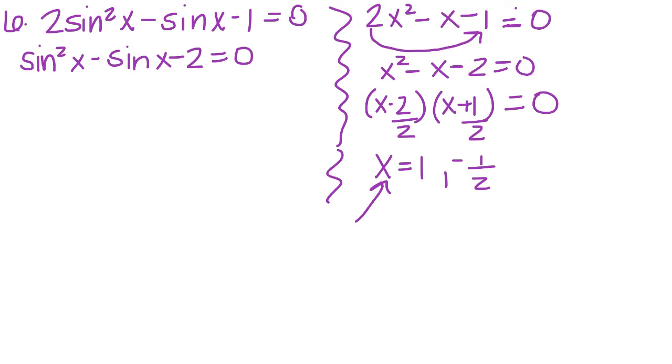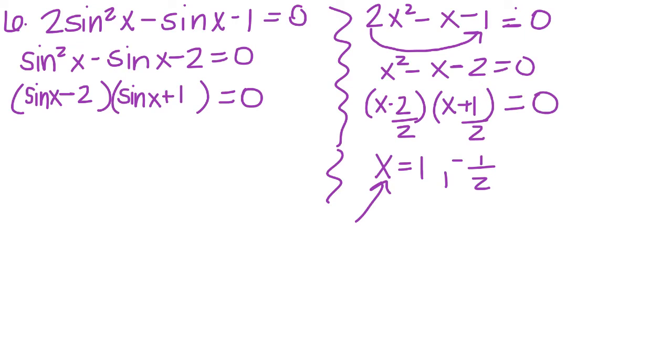Then we're going to factor this. And keep in mind, everywhere I had an x over here on the right, it's the same thing as having sine of x over here on the left. So it would be sine of x, and then sine of x. And what did we get inside the parentheses? Remember, we had minus 2 and positive 1.